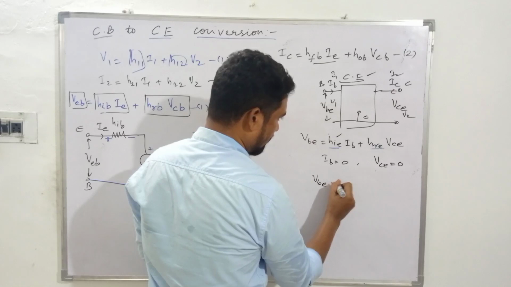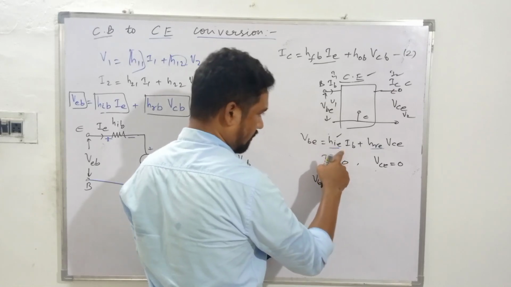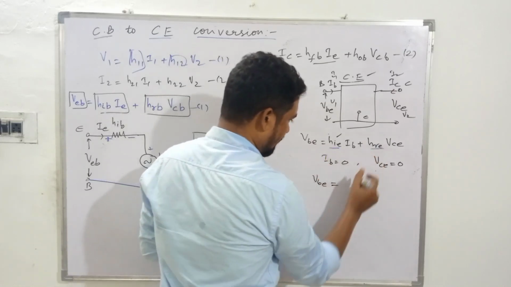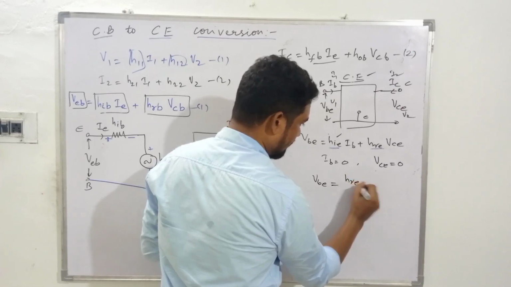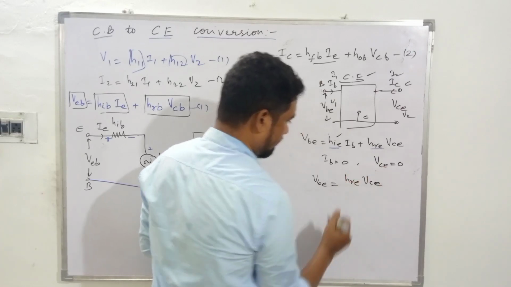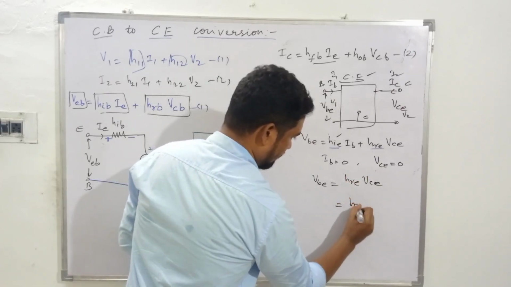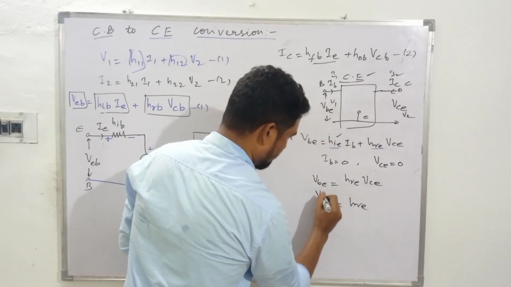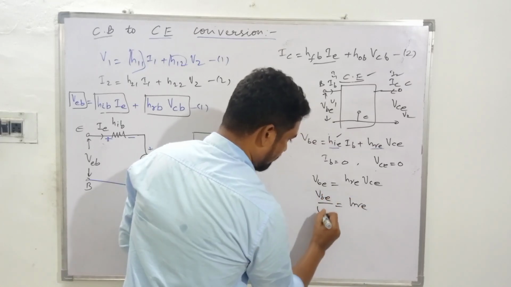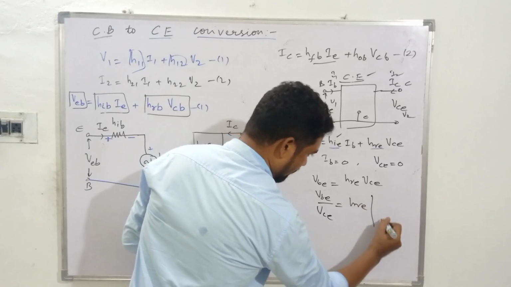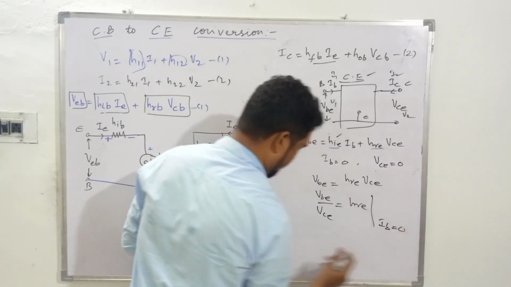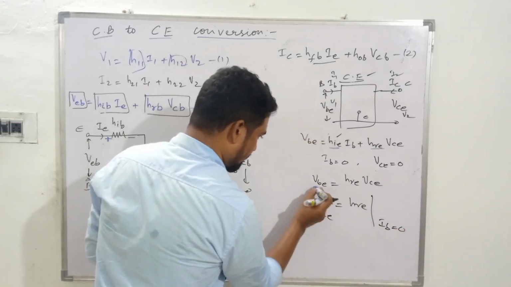VBE, which is equal to, this is made 0, right? Input is open. We have HRE VCE. So that gives us HRE, which is equal to VBE upon VCE at IB equal to 0. Making IB equal to 0, we evaluate this one.